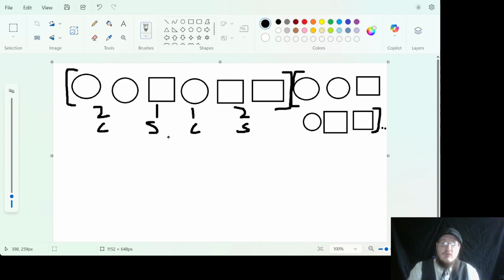Now, writing this out, we'd say for our pattern, we have 2 circles followed by 1 square, followed by 1 circle, followed by 2 squares, and then repeats. It's the same 2 shapes, but now we've got changing numbers of how many of each shape is there. So again, just look at the pattern and you've got it situated. Just be very clear there and expressly write out what that pattern is and always end on and repeats. All right?